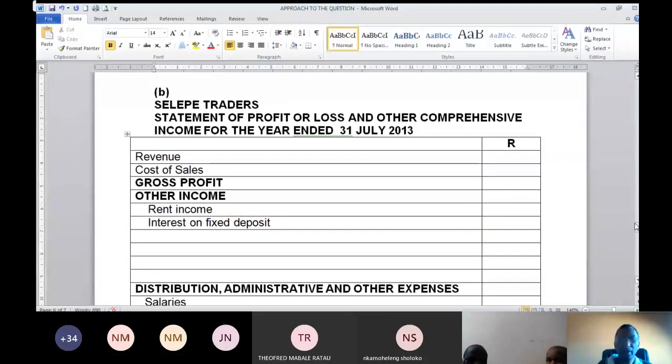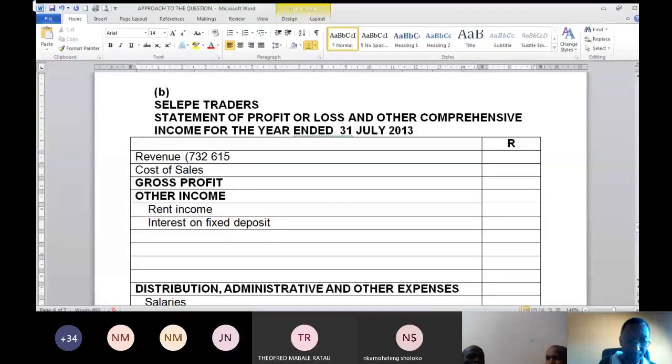So, in your statement of profit and loss and other comprehensive income, you're going to start with your revenue, which is your sales amount. And your sales amount is 732,615 minus 35,415 which is your sales return.